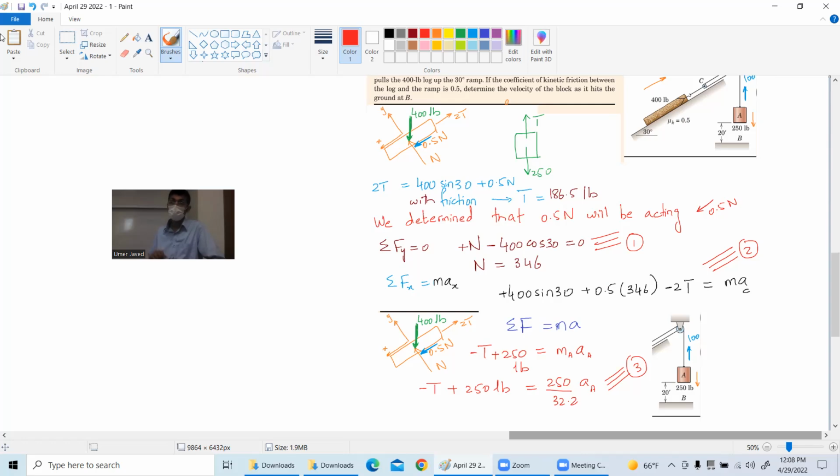C was the log. I apologize. C is the log. A is the mass. B is a point below mass A. You see this one, this pulley. This pulley is C. So you can call this as C or the log as C. It's the same thing.